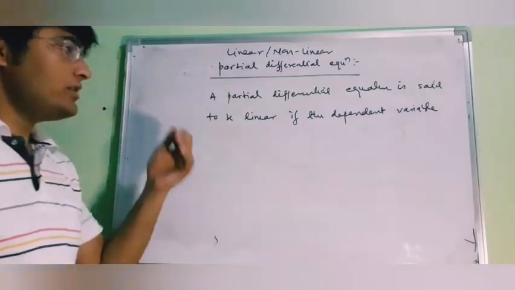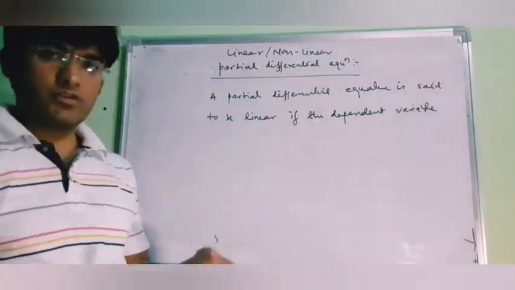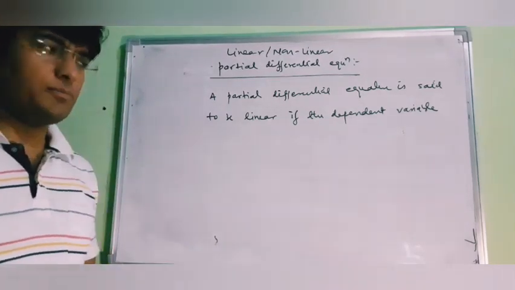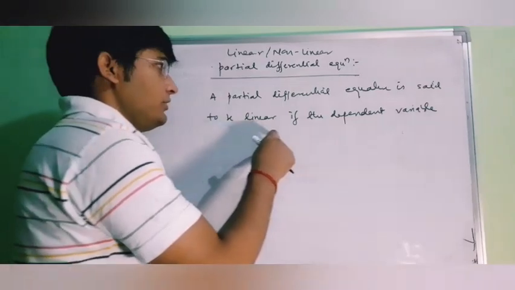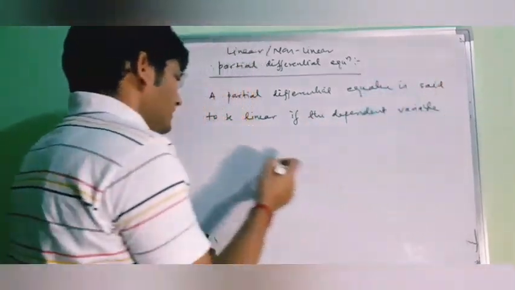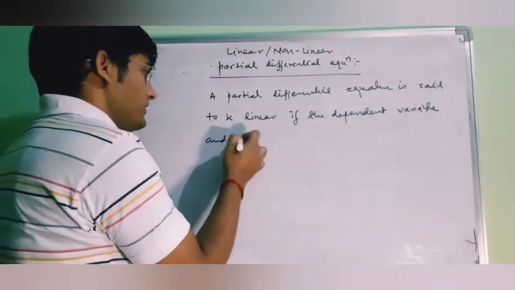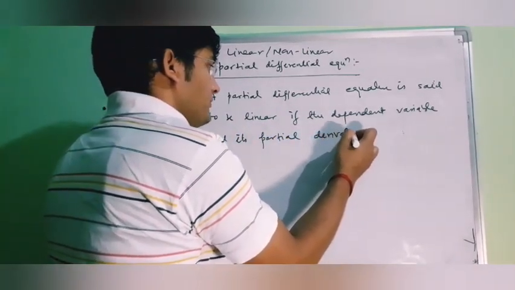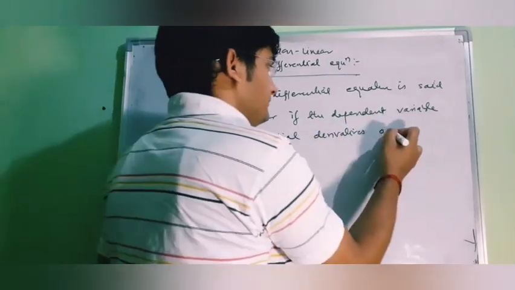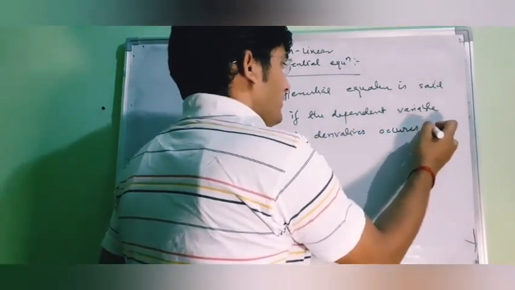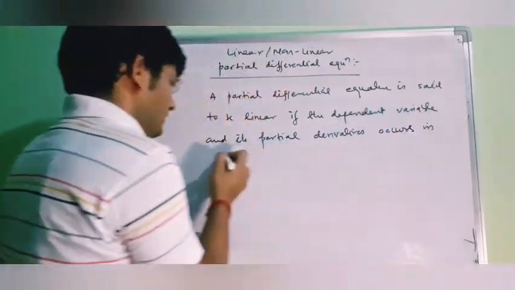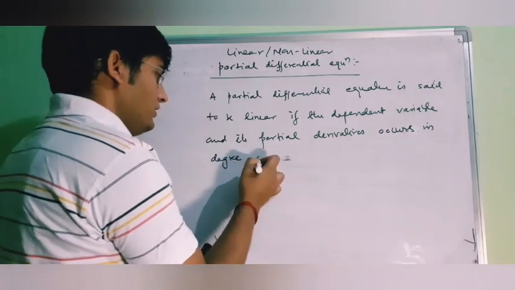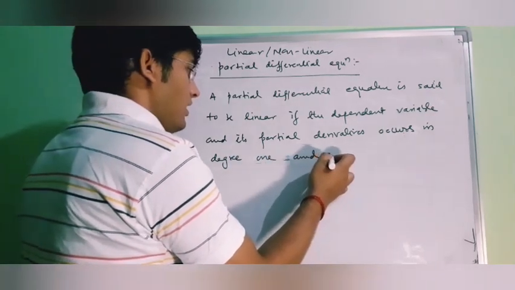As we are discussing the partial differential equation, there will be a dependent variable and we can have more than two independent variables. So if the dependent variable, say your z, and its partial derivatives occur in degree 1 and are not multiplied.